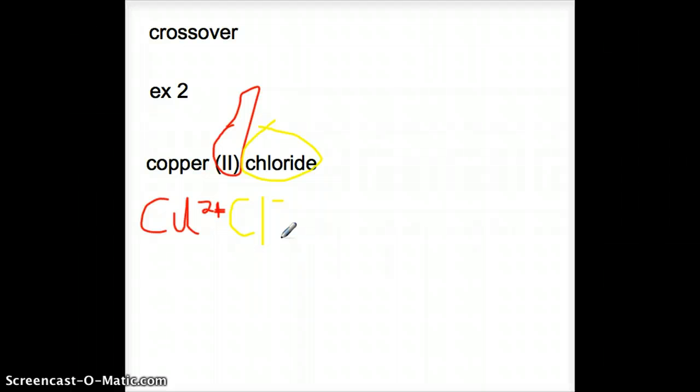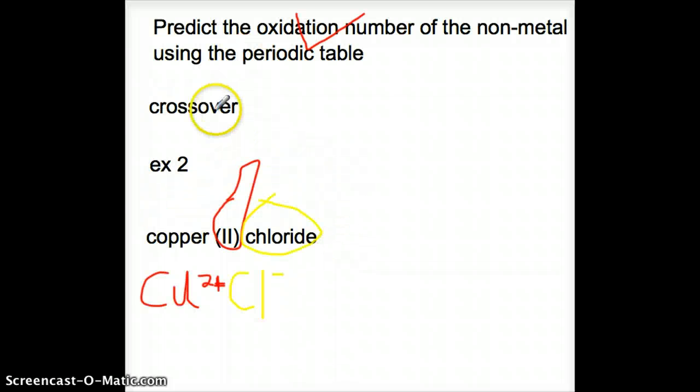Notice how I didn't write a 1 beside the negative, because we already know that a negative chlorine already exists.